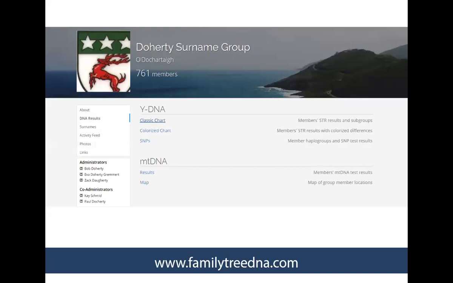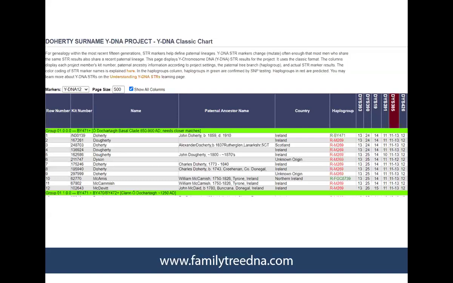And what's good about these kinds of groups is you can then go into their charts. They have charts available for Y-DNA and mitochondrial in many cases. And I can then see, well, how do I fit into someone else's group based on the results? So looking at that classic chart, I can see that the administrator of the group had categorized some of the different early Dohertys.